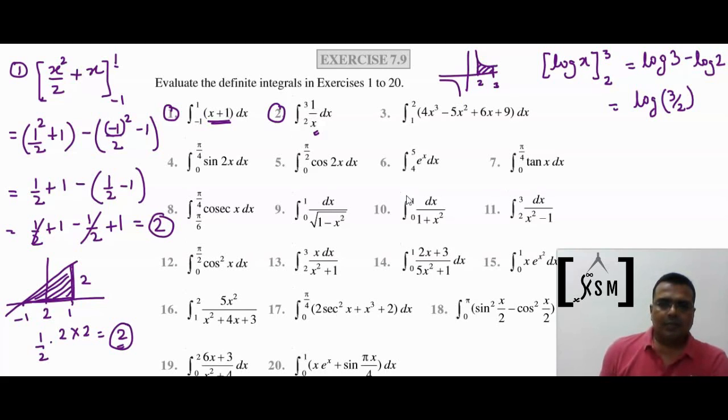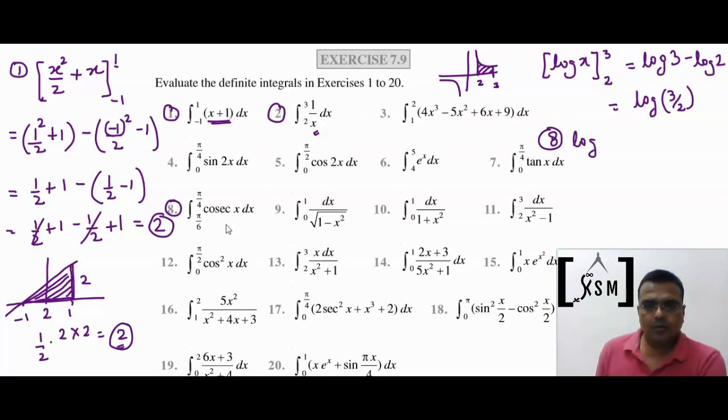Let's try question number 8, integration of cosec x dx. Integration of cosec x is log cosec x minus cot x. So let me do the question here.